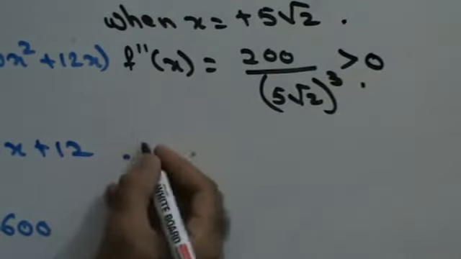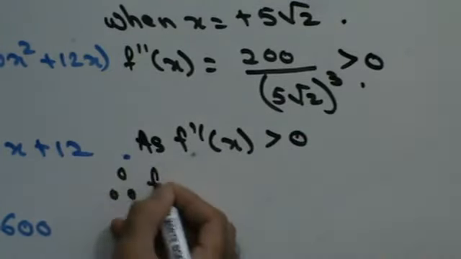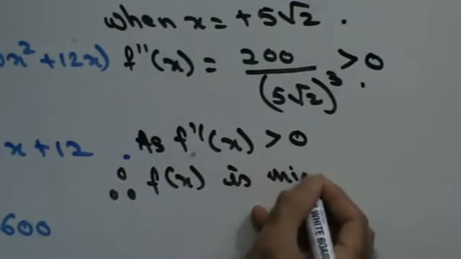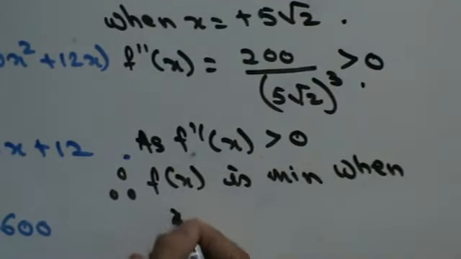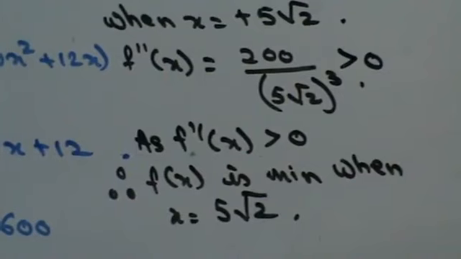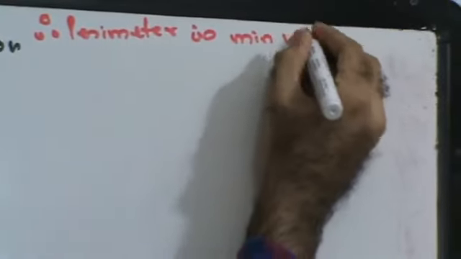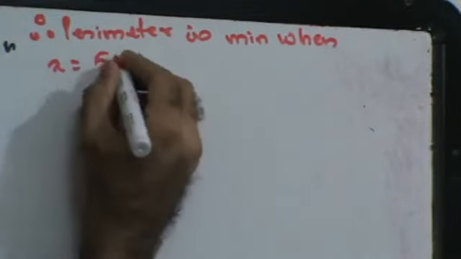If f double bar of x is greater than 0, therefore I can say that f of x is minimum when x is 5 root 2. But what did we assume as f of x? The perimeter, right? Therefore I can say that perimeter is minimum when x is equal to 5 root 2.